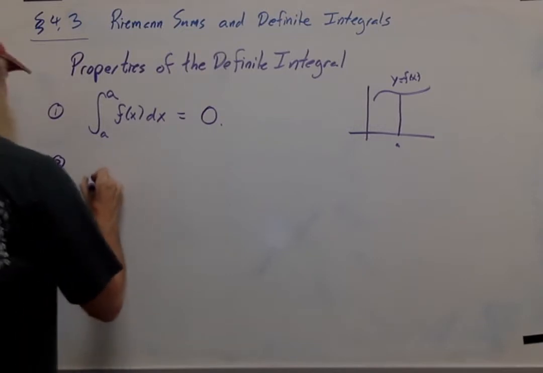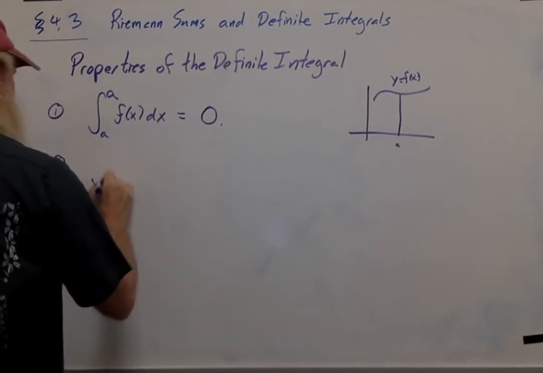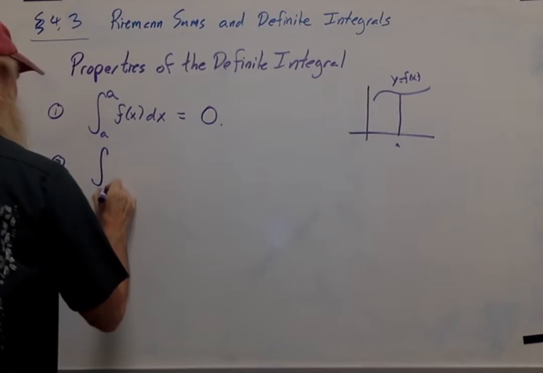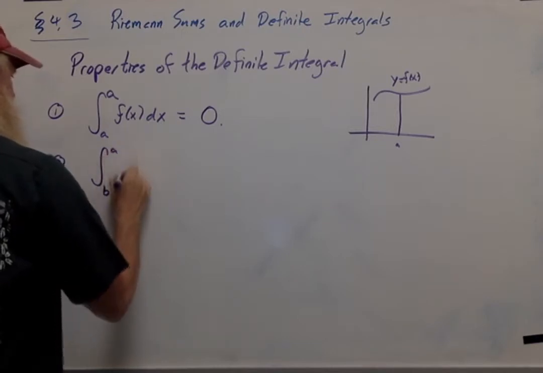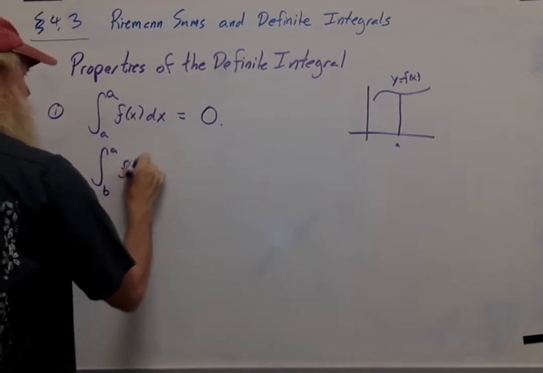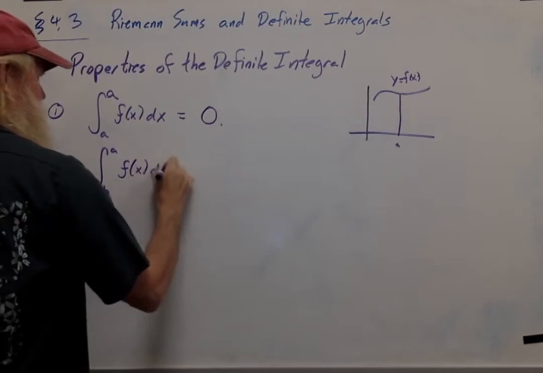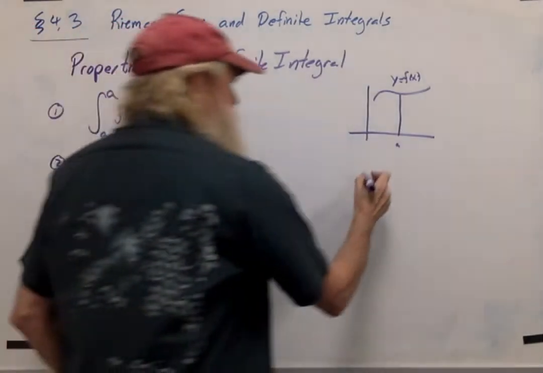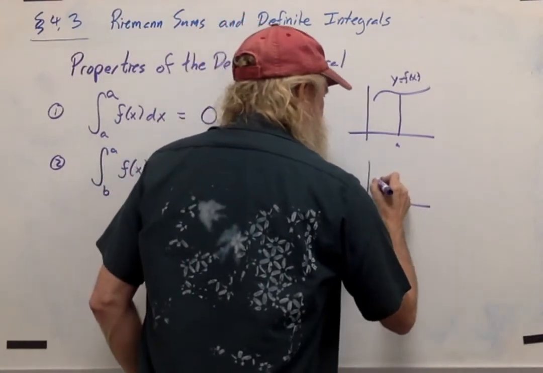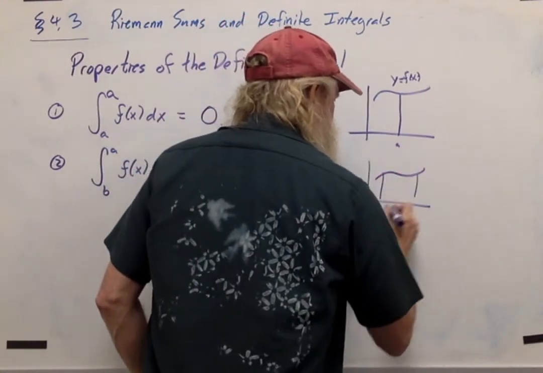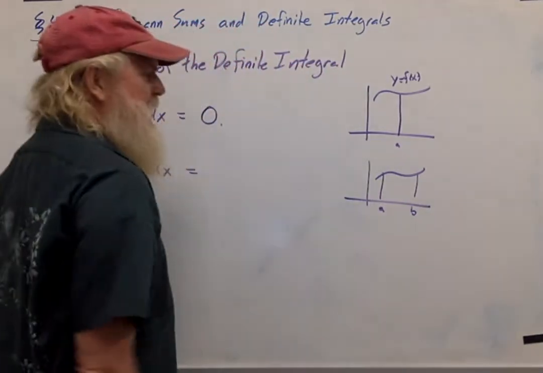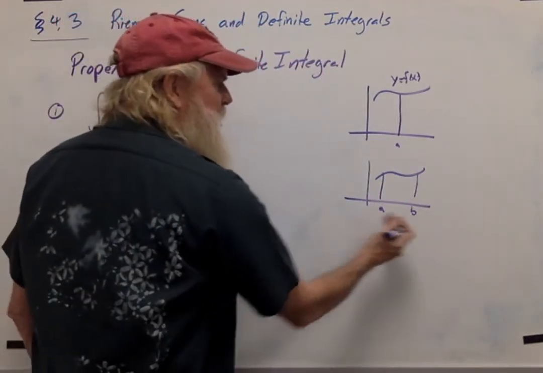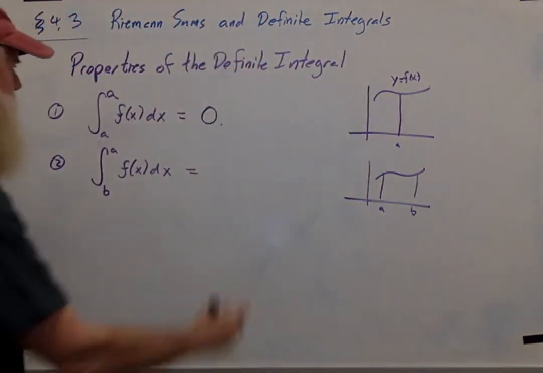Now, the next one is almost in the form of a definition. But occasionally when you're working problems, you'll see the integral from b to a of some function, where b is actually larger than a. So it's as if you're trying to integrate from right to left rather than from left to right.